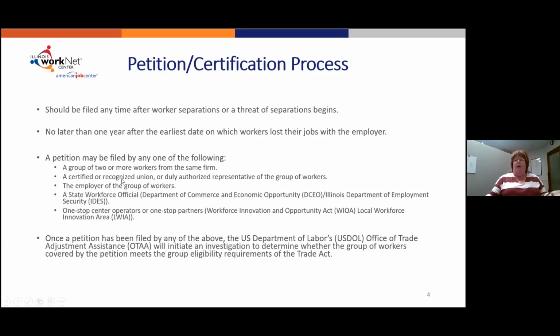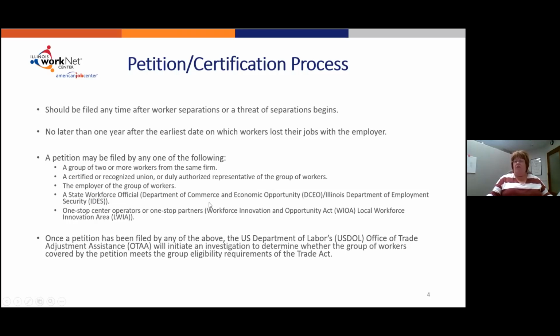A petition can be filed by any one of the following people: a group of 2 or more workers from the same firm, a certified or recognized union, or a duly authorized representative of the group of workers. The employer can actually file it, or a state workforce official, which would be like a DCEO rapid response person or DCO person. Lori Graham is the person to whom we direct most of our petition filings now at our office.